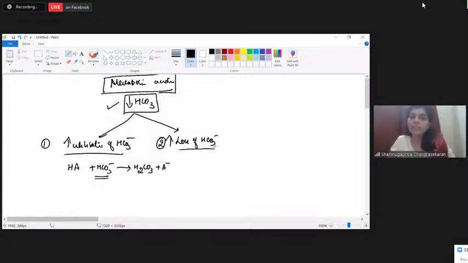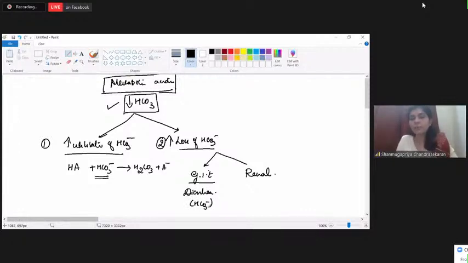Now, when will there be loss of bicarbonate? There are only two routes in which you can lose bicarbonate. One is GIT, the other one is kidney. When will you lose bicarbonate? Through any form of diarrhea. When there is diarrhea, the intestinal mucus gets lost, and intestinal mucus is rich in bicarbonate.